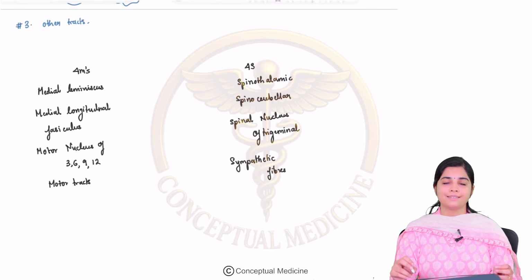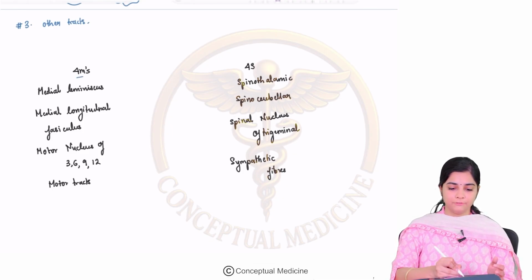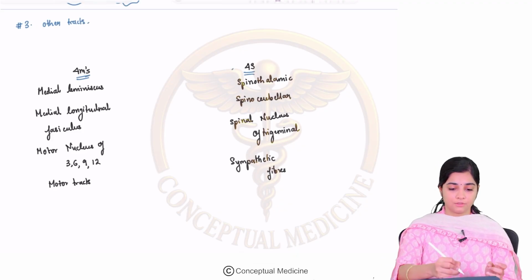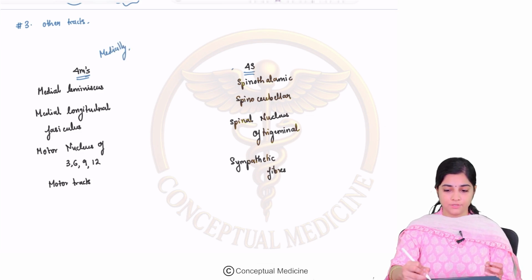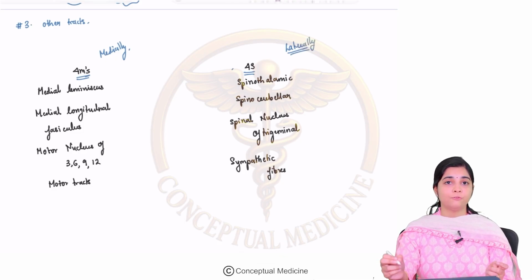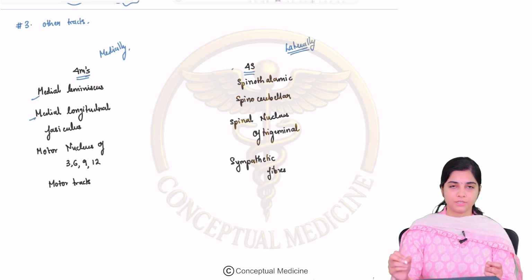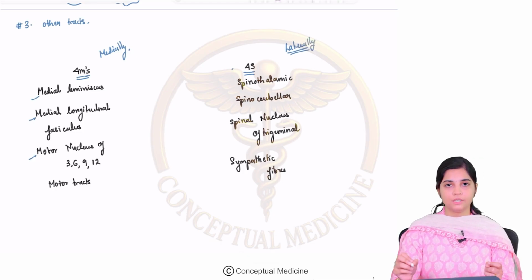The main tracts in the brainstem that we should know are the 4M and the 4S. The 4Ms are those which are present medially and the 4S are those which are present laterally in the brainstem. So what are the 4M structures? They are medial lemniscus, medial longitudinal fasciculus, motor nucleus of 3, 6, 9 and 12 that we have already learned, and motor tracts, which is nothing but your corticospinal tract.